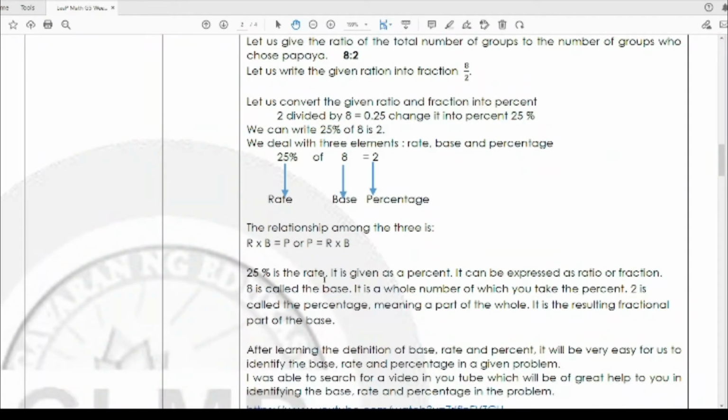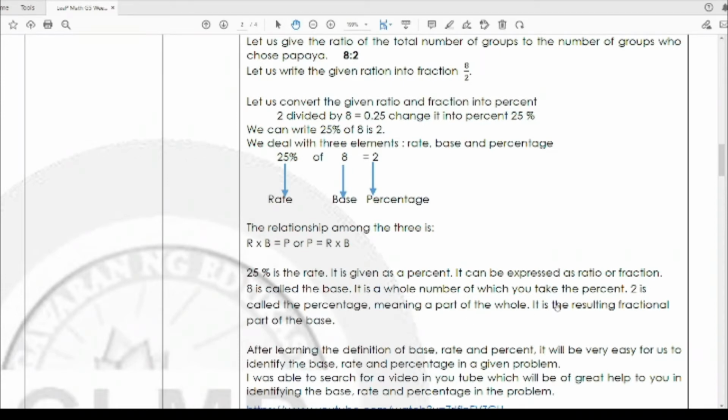25% is the rate. It is given as a percent. It can be expressed as a ratio or fraction. 8 is called the base. It is the whole number of which you take the percent. 2 is called the percentage, meaning a part of the whole.